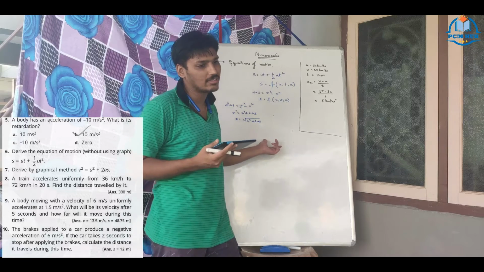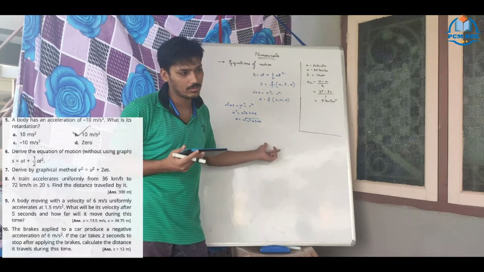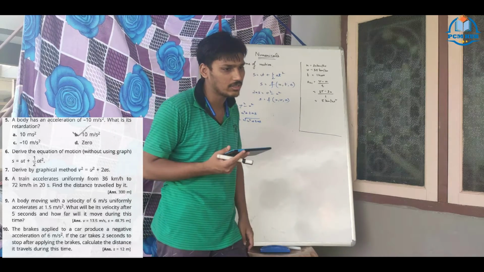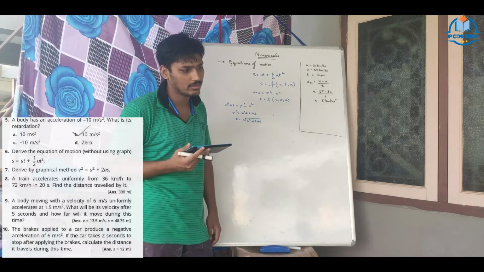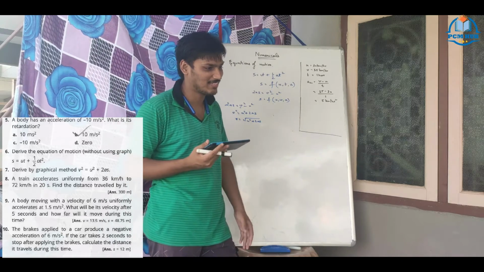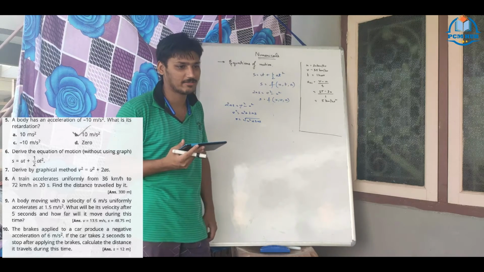Sum of the parallel sides is what? One is u, one is v. So u plus v into height. Height is t, so we replace t with v minus u by a.